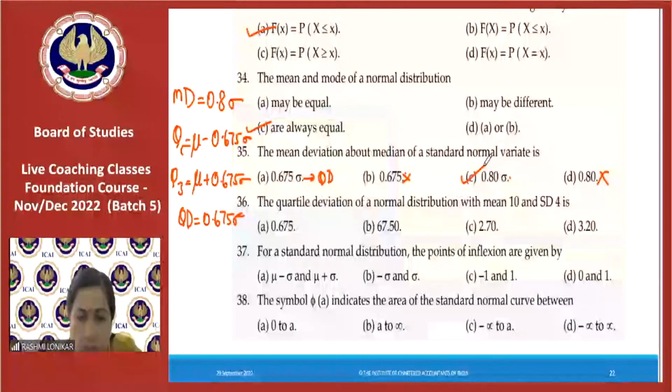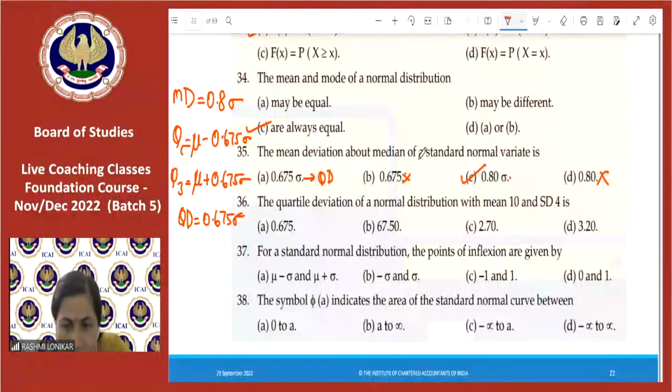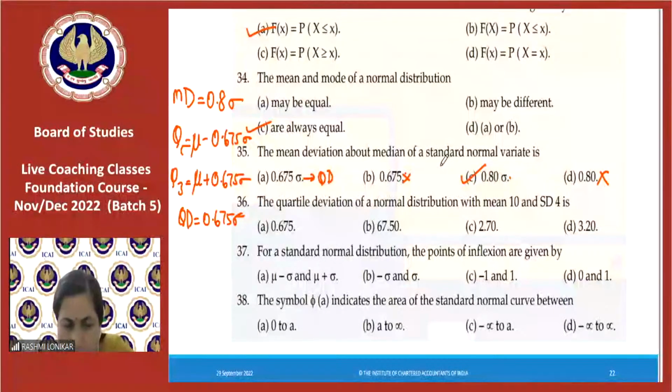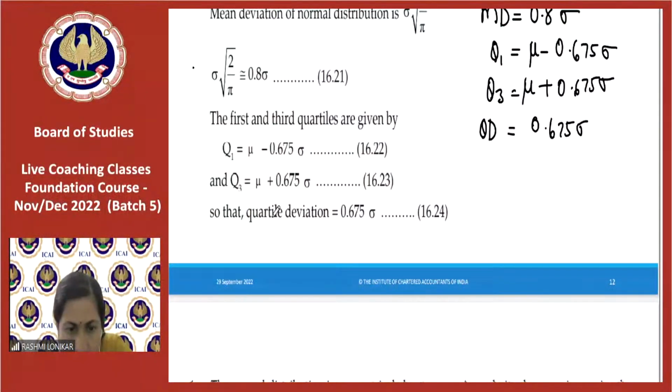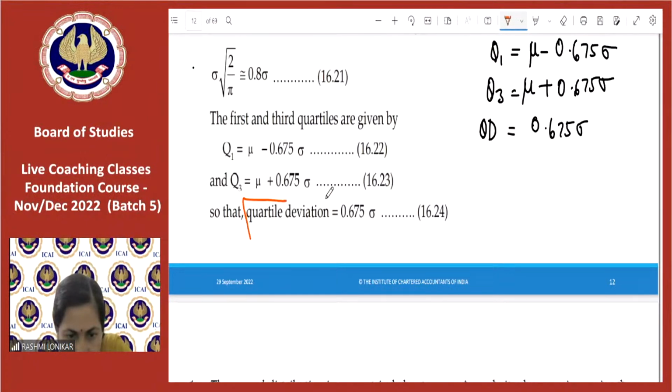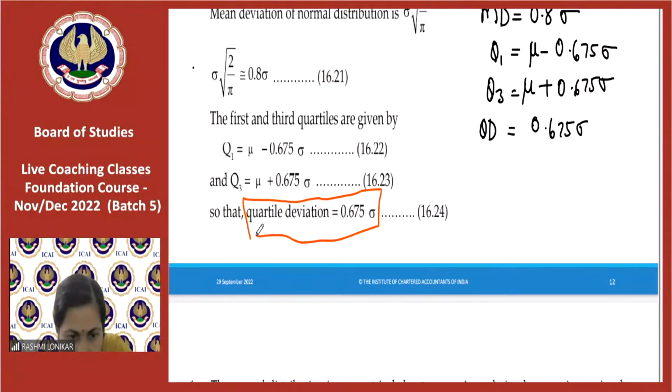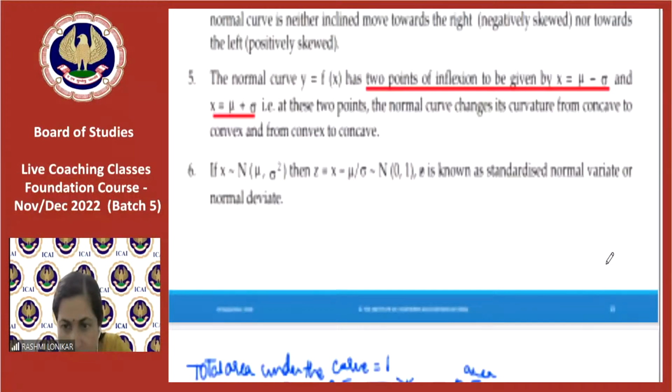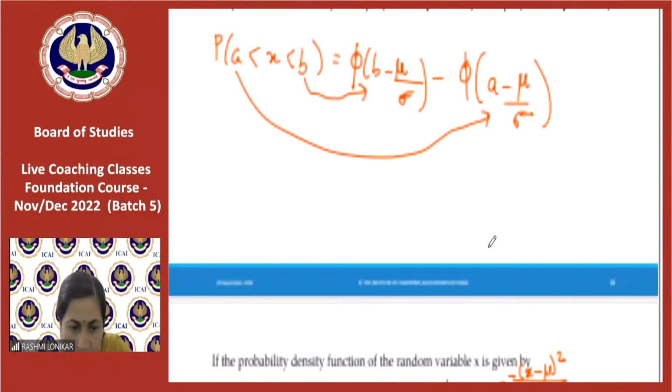36. The quartile deviation of a normal distribution with mean 10 and standard deviation 4 is... Now mean is 10 and standard deviation is 4. Quartile deviation is equal to 0.675 sigma.